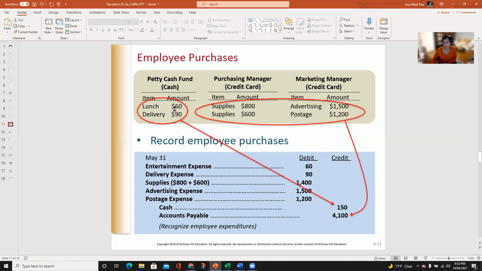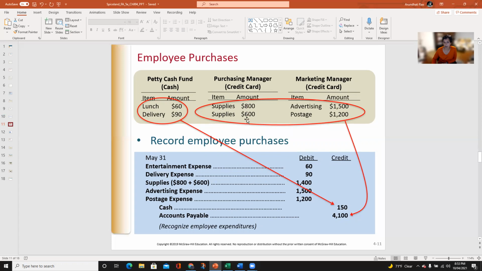So the $60 and $90, the lunch is called entertainment expense, $60, delivery expense, $90, and those two added up is cash credit, $150. We'll see why cash is credit $150 in a minute.